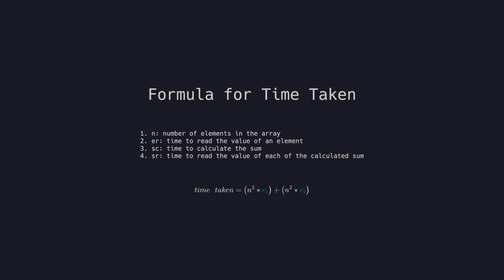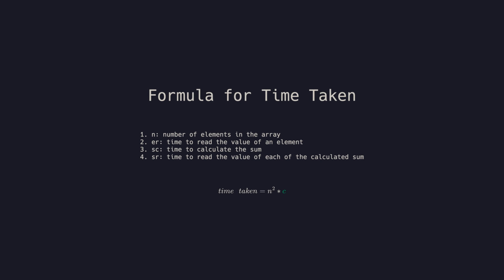Simplifying this further, we can see that the time taken by this algorithm is some constant c times the square of the number of elements in the array. Hence, the time taken is proportional to the square of the length of the array. In big O notation, we call this O of n square.